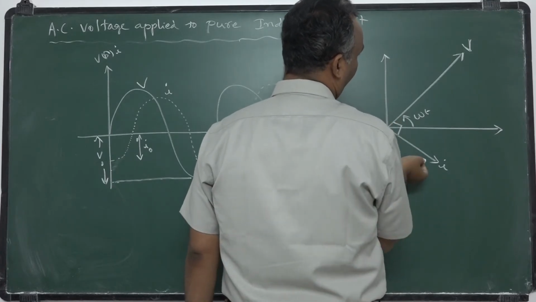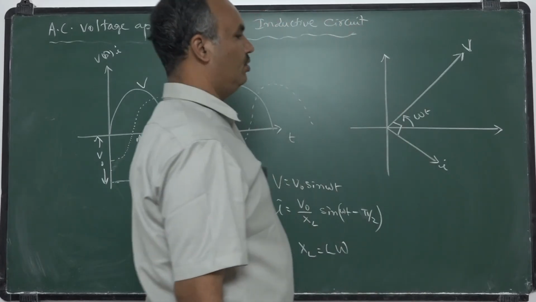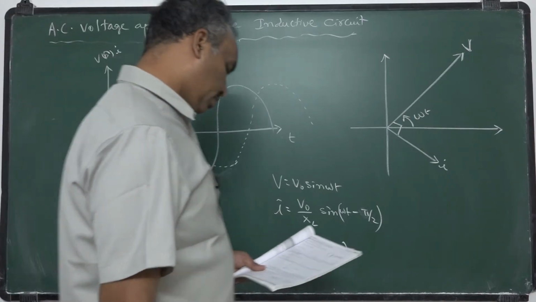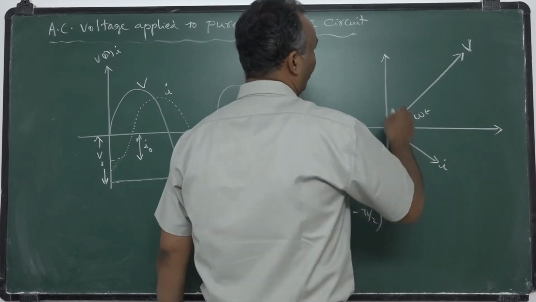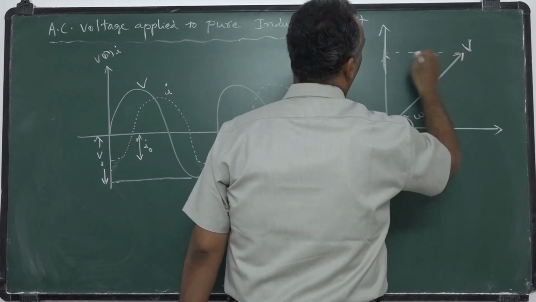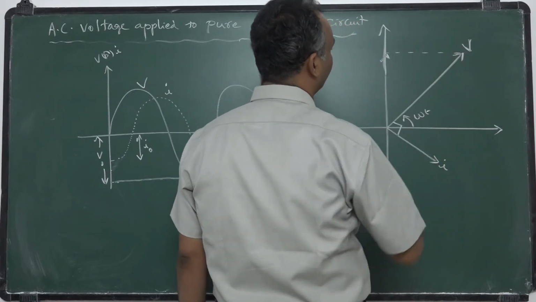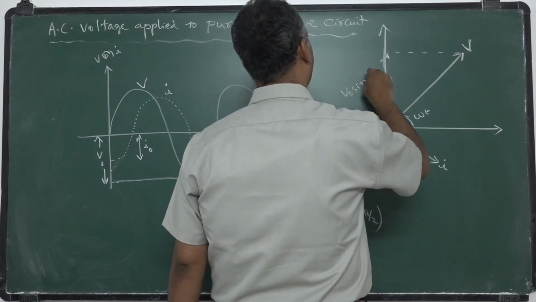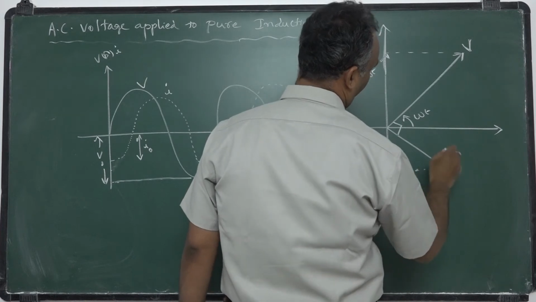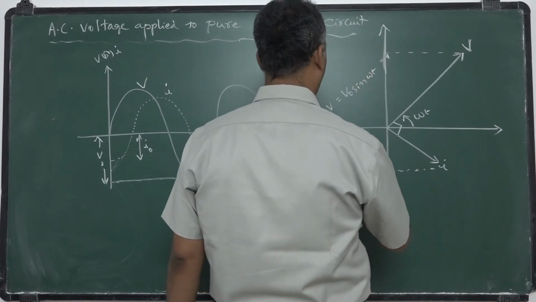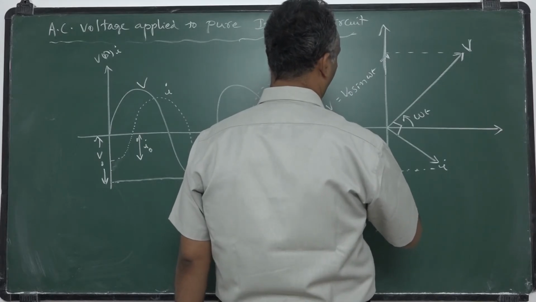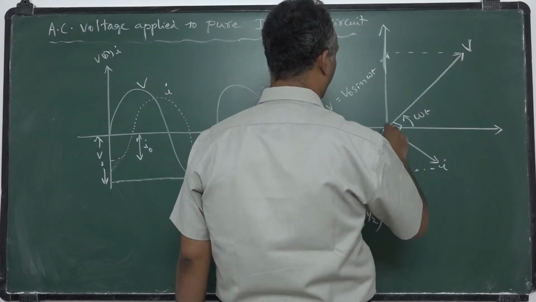It is 90 degrees behind voltage. Hence, if I take the y component of this vector, this y component is nothing but V0 sin omega t, nothing but applied voltage. If I take the y component of this current, this is I is equal to I naught sin (omega t minus pi by 2).